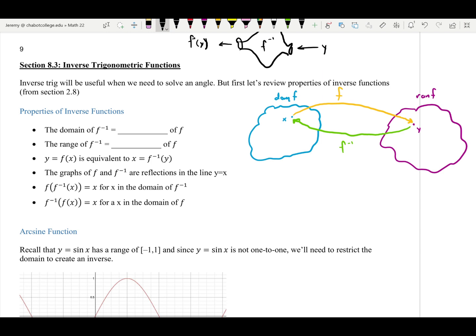The domain of f inverse is the range of f, right? Because if f inverse, that's our green function down here, the domain is the values that go into the function f inverse. And notice that our inputs come from the range of f. And similarly, the range of f inverse is the domain of f.